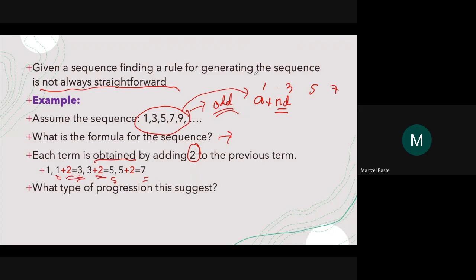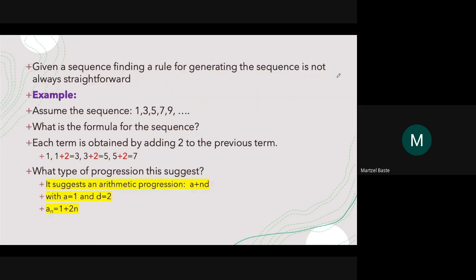So 1 plus 2 will have 3, 3 plus 2 generates 5, and 5 plus 2 generates 7. So it's obviously arithmetic progression. Okay, and then yeah, that's it.